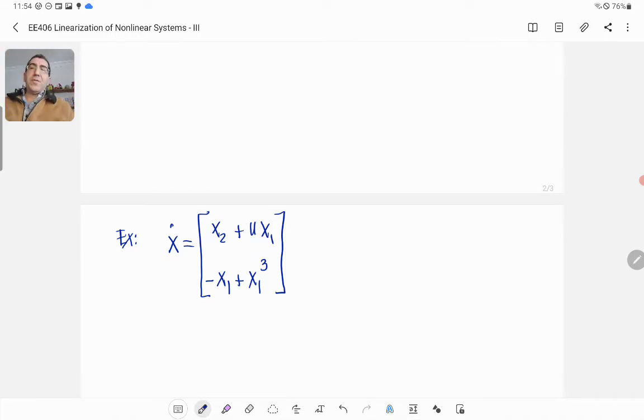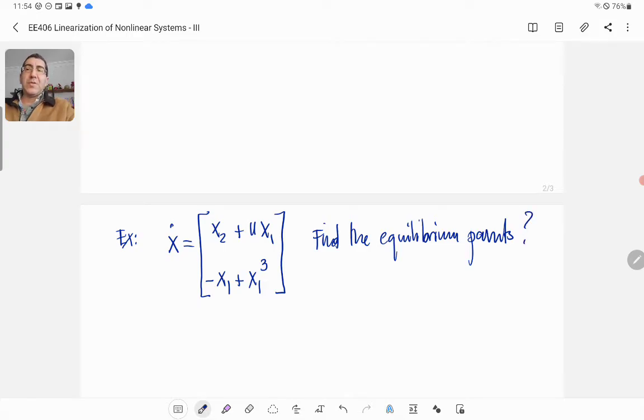Okay. So first, find the equilibrium points. Since there is an equation without any u involved, let's first solve that. Minus x1 plus x1 cubed is equal to 0.